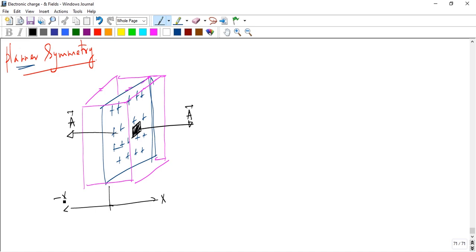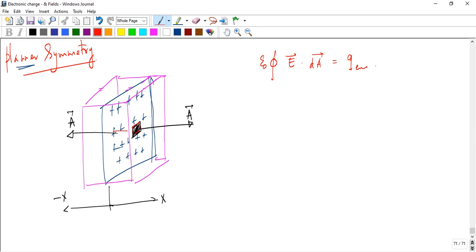If I apply Gauss's law, we get epsilon naught times the integral of E dot dA, the area vector, equal to Q, the charge enclosed by the pink Gaussian parallelepiped surface.